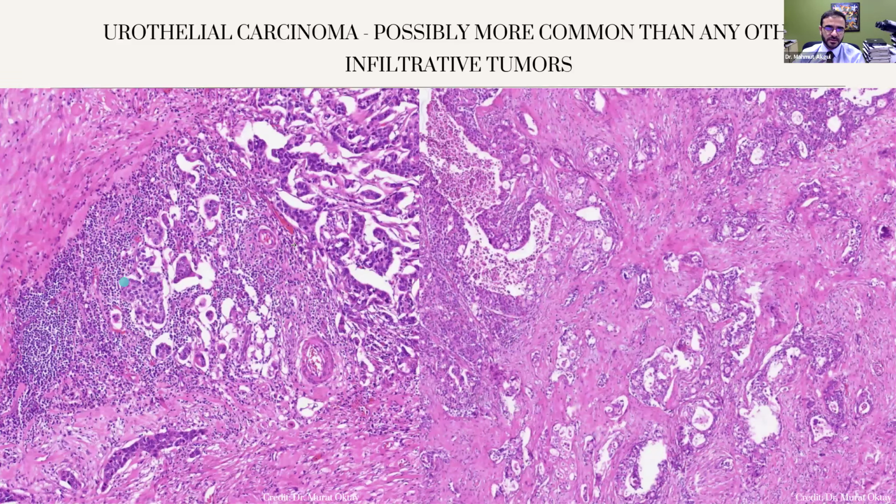CA9 was patchy. One of the things I want to tell you is that in any scenario, whether you have a biopsy or a resection, one of the first things we need to make sure is to include or exclude clear cell renal cell carcinoma, because it is the most common kidney tumor with the most options for treatment.